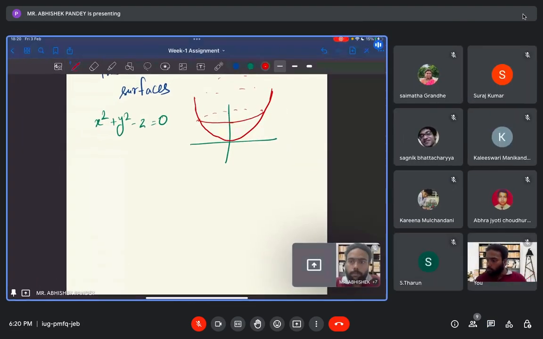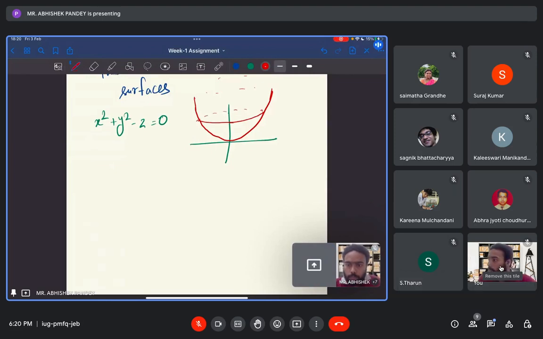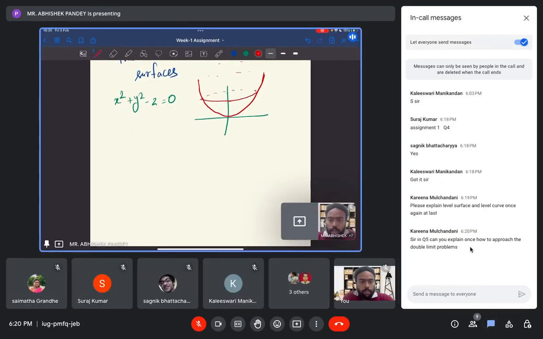Okay, now let us move towards the next question. We'll talk about some limit questions, limits of functions and partial derivatives. In question number 5, I'm having doubt whether question number 5 and question number 4 are previous year assignment questions or this year's assignment questions.